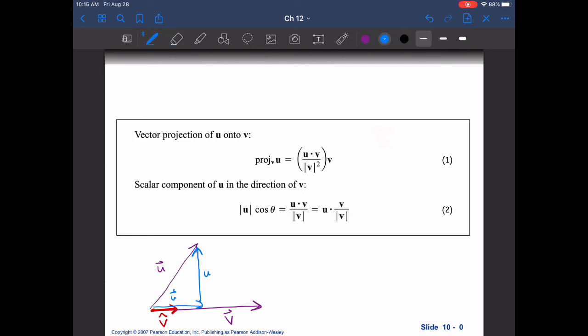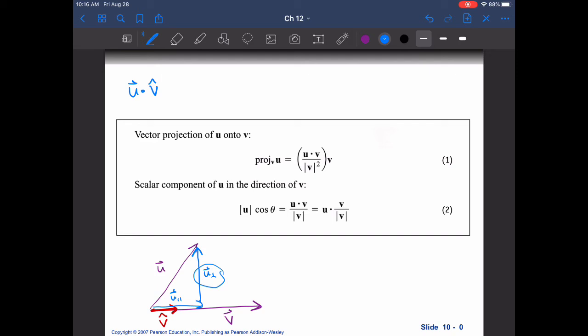I should put u parallel, and this is u perpendicular to v like that. Well, when we do u vector dotted with unit vector v, what's going to happen is this part right here has nothing that's parallel to it to multiply by.